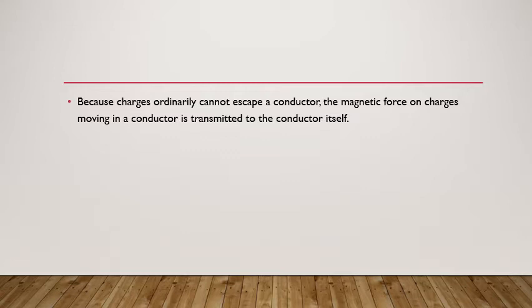But in the case of a current carrying conductor, the charges ordinarily can't escape the conductor. The charge is passing through the conductor. So the magnetic force on the charge moving in a conductor is transmitted to the conductor itself. So there is a difference here.